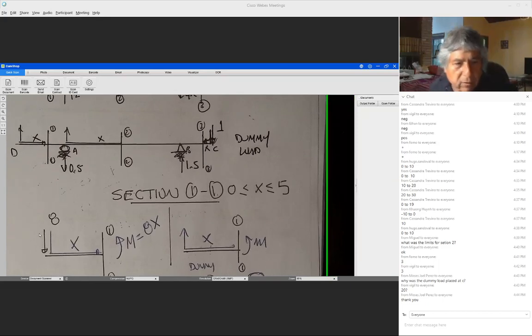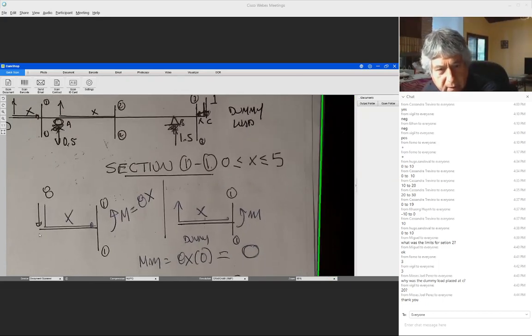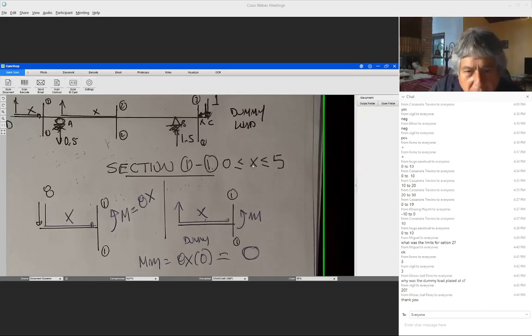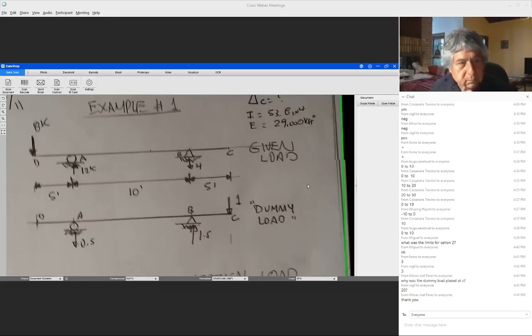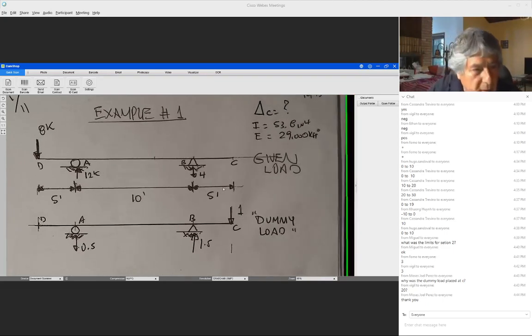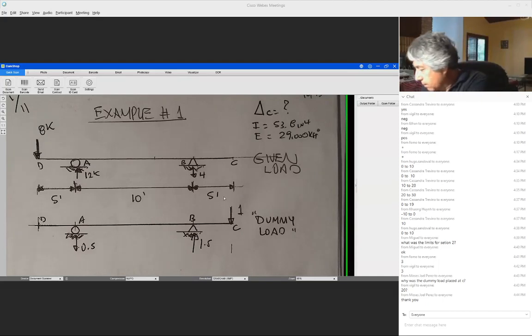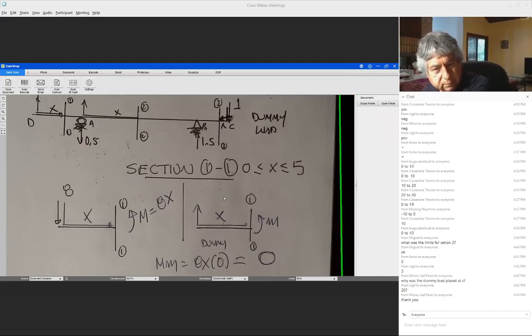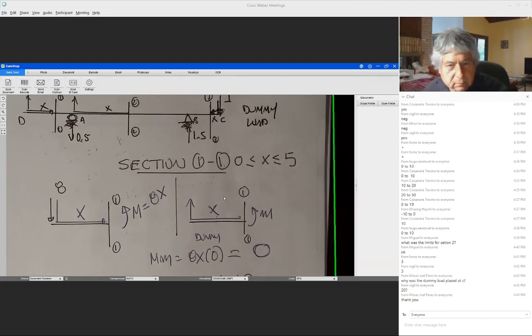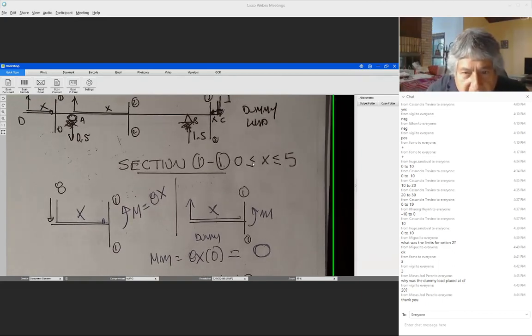I have put section 1.1, X between 0 and 5. 5, 10, and 5. So section 1.1, X between 0 and 5 for both.